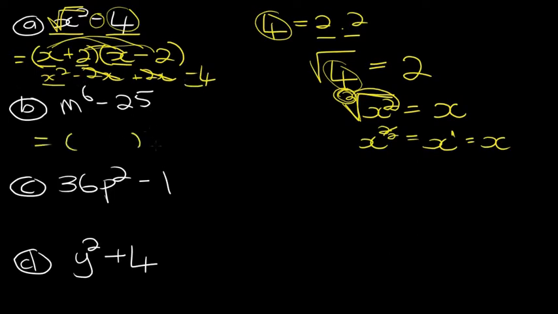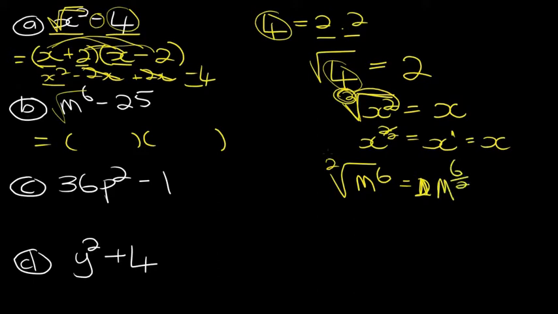Again, you'll have 2 brackets, and remember, we only do this where there is a difference between squares. Again, you take the square root of m6, and what is the square root of m6? Again, if you don't see an exponent at a root, it's 2. So you say m6 divided by that 2 there, and that is m3.